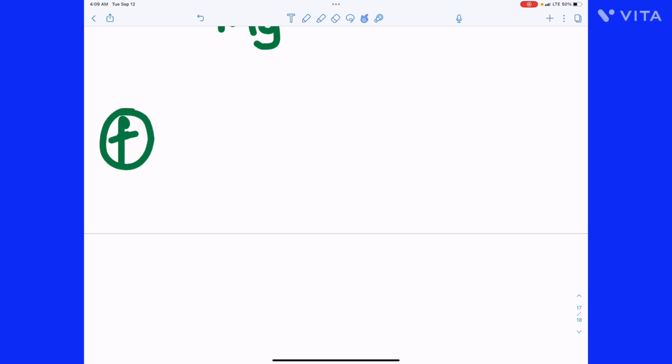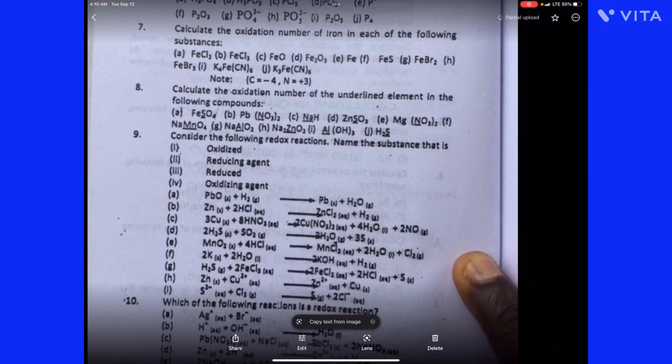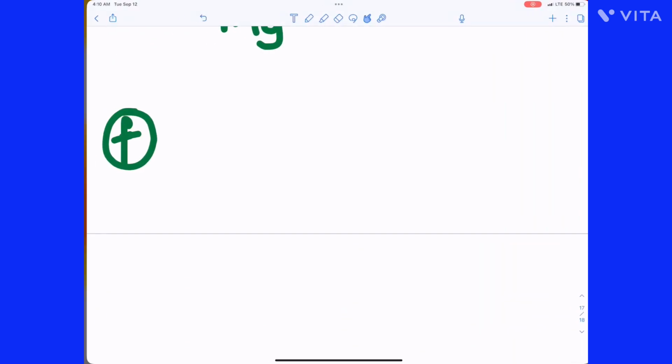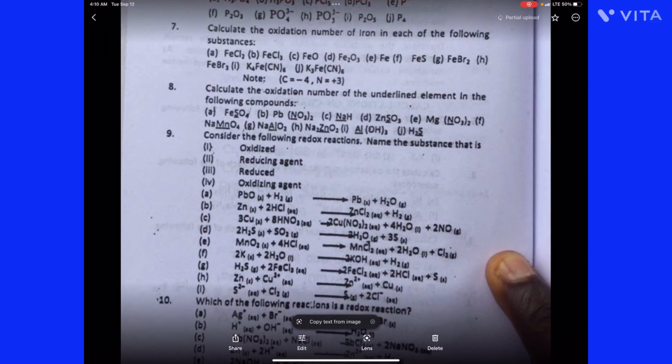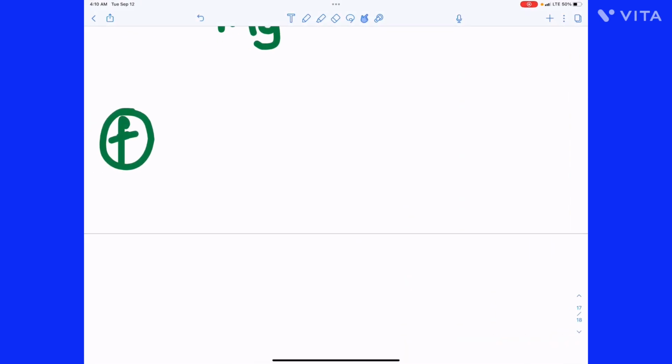Question F now. And F, it says we should find the charge of nitrogen in MgNO3. I hope I'm not writing one question twice. No. There's a mistake there. This was not Mg. Question E was MgNO3.